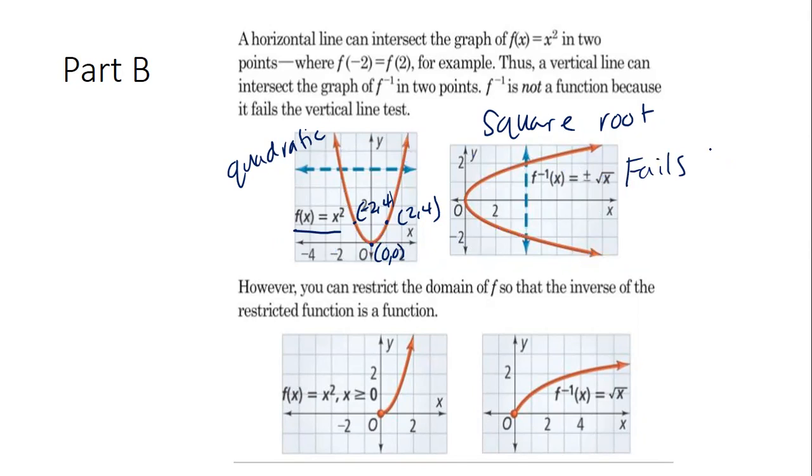It fails the vertical line test, because that's how we test to see if something is a function. And this fails the vertical line test. I hit more than one point at a time. So as it is right now, it is not a function. It's just a relation.